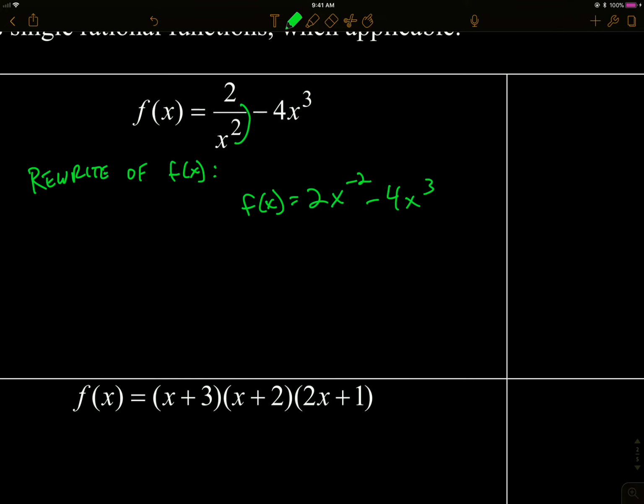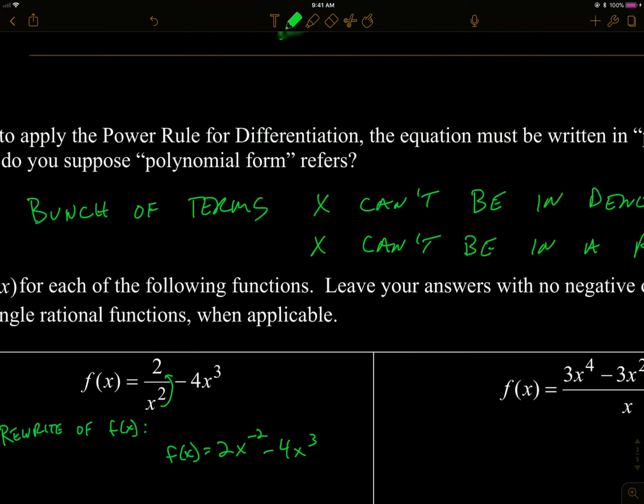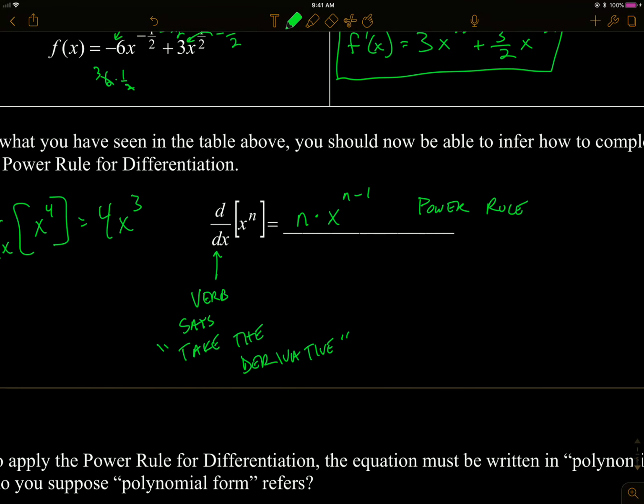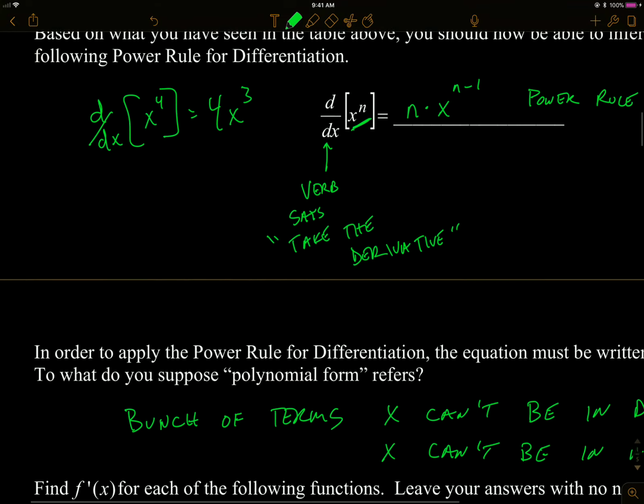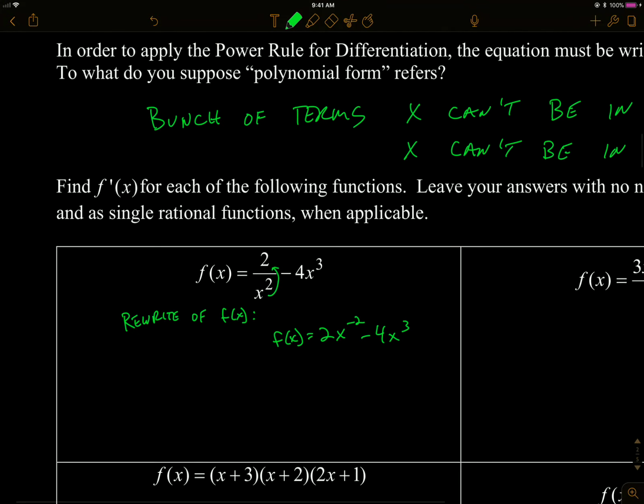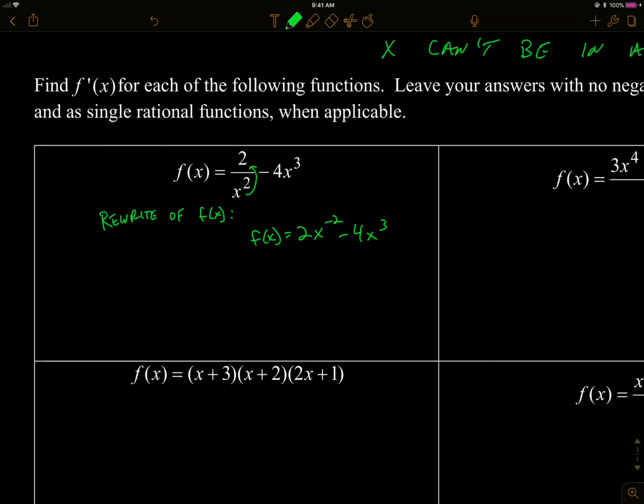So I can bring this up to the numerator because it has to be in our form for power rule, where we've got x to a power. And if it has a number in front, that's fine. Like in this case, it has a 2 in front. So this one now is ready to go.